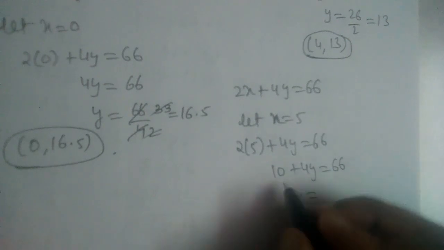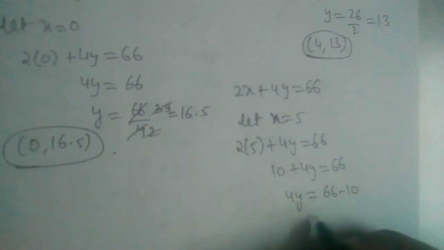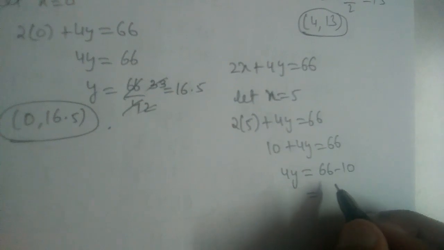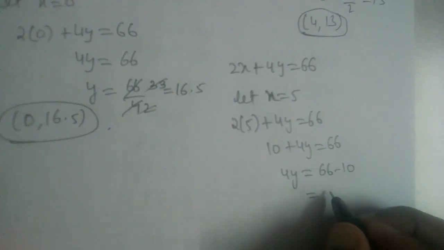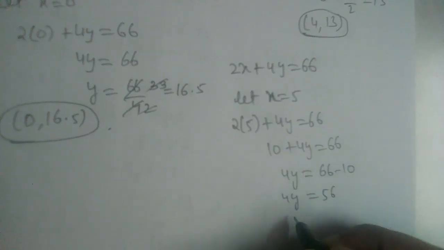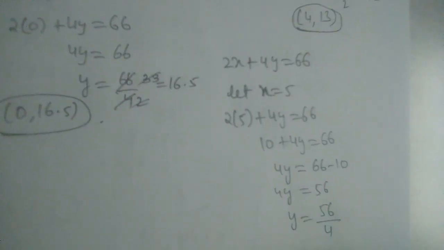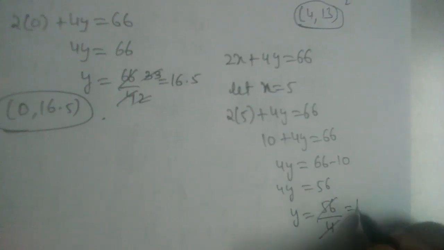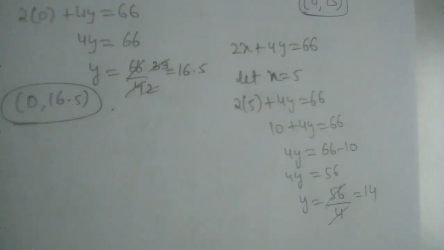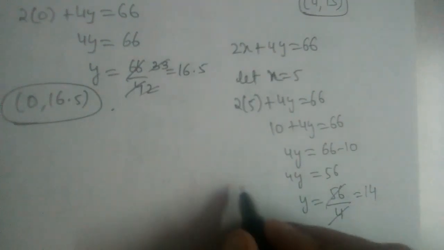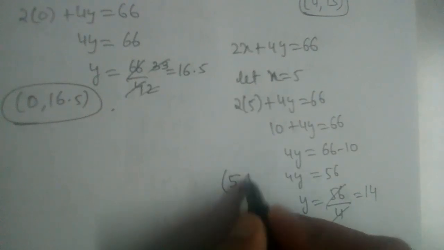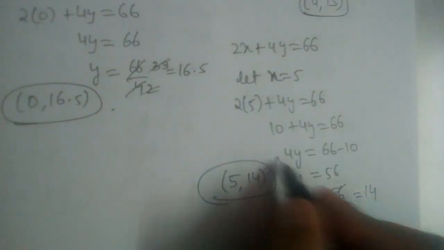So we have 4y is equal to, 10 goes on the other side, becomes minus, right? So 66 minus 10, 56, right? 4y. So y will be 56 divided by 4. Okay, so this will be equal to how much? 14. All right, 56 divided by 4 will give us 14. So we got one more point, which is 5 comma 14.